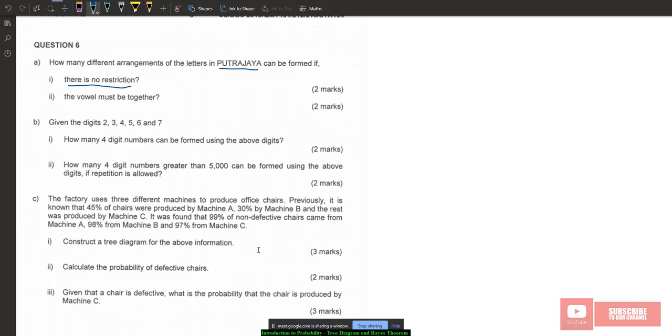For Putrajaya, we have 1, 2, 3, 4, 5, 6, 7, 8, 9. Can you confirm for me? We have 9 letters in Putrajaya.